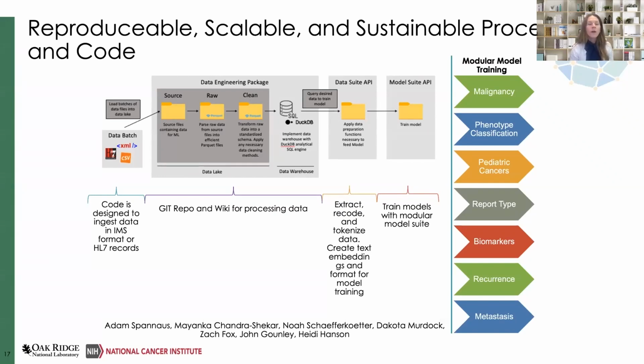And then our newest set of code is a modularization suite. So essentially what that means is we have all of these different models. Some of them are in testing, some of them are actually in production, where we are trying to predict malignancies, phenotype classifications, pediatric cancers, report types, biomarkers, and recurrence.